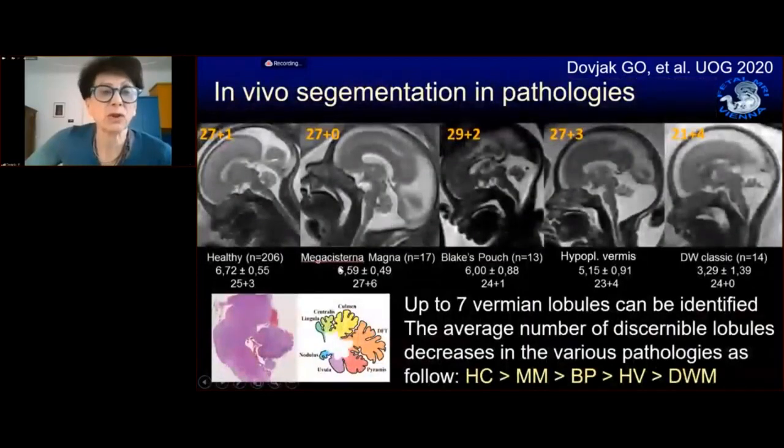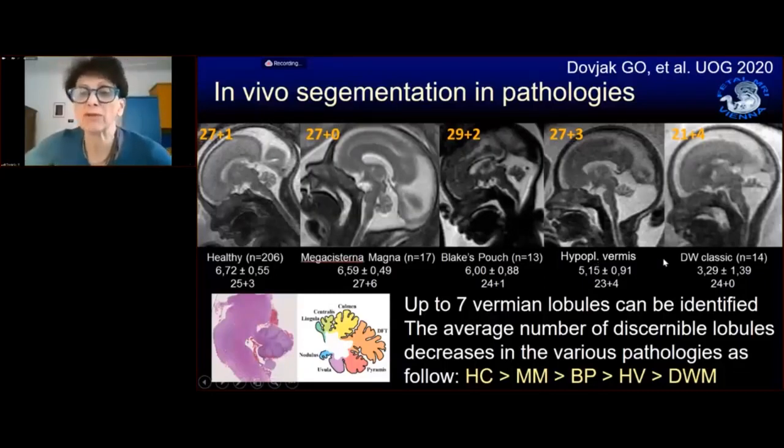In Blake's pouch, the number of lobules that you can delineate decreases, even more in a hypoplastic vermis, and in classic Dandy-Walker malformation, the least number of lobules of the vermis can be delineated. So perhaps this helps, at least using MRI, to differentiate these almost normal conditions from really pathological conditions.